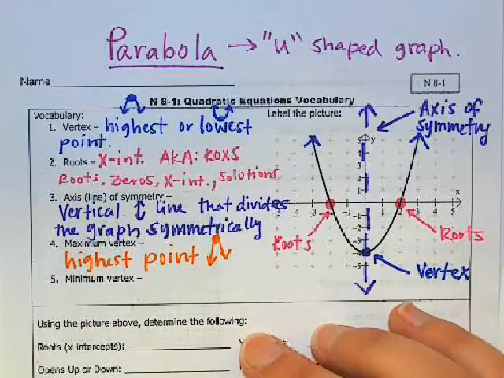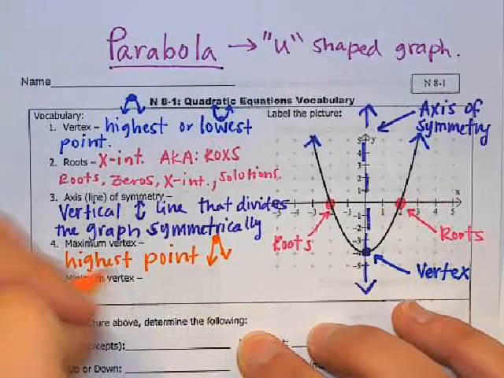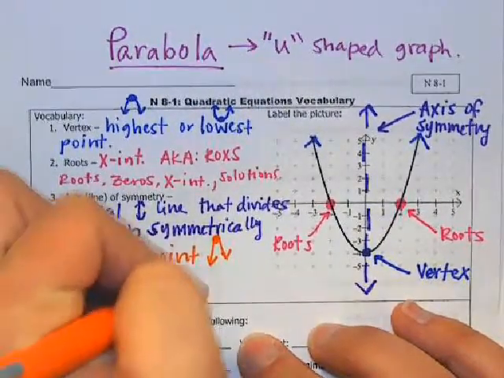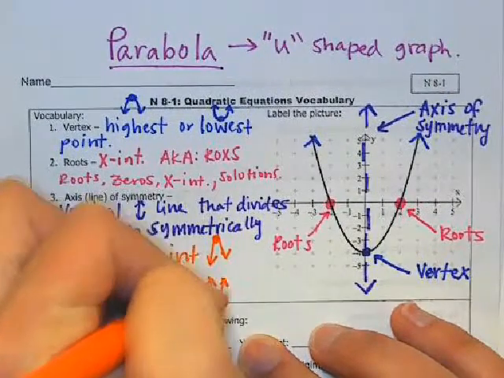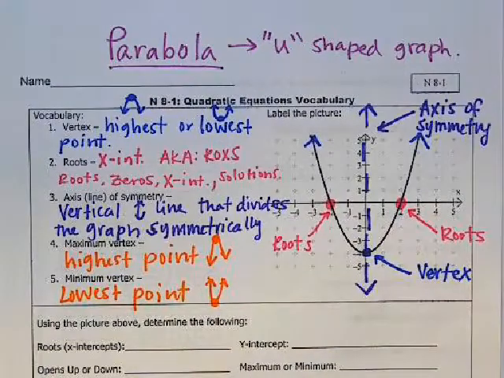That's my U shape with my dot at the top. Minimum would be the what? Lowest point. And I'm going to draw a U with the dot on the bottom, my vertex on the bottom. Okay, questions. So these are all your new words.